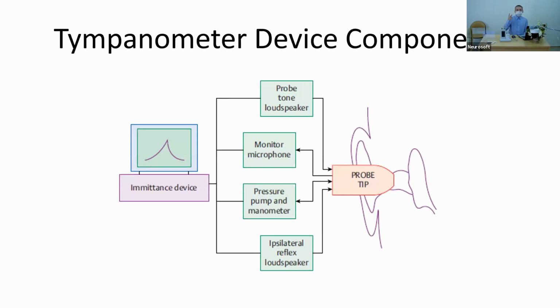So again, two speakers are used in this case. One is for the probe tone, which is used to measure the admittance, where admittance is the inverse of the resistance. So it's the measure of how well the middle ear transforms or transduces the sound.